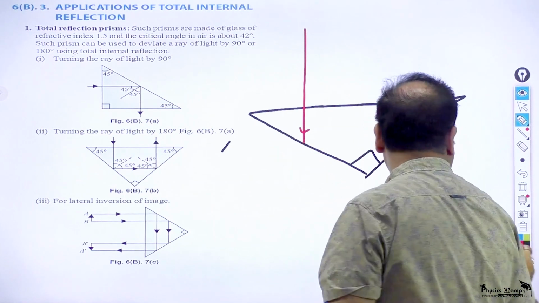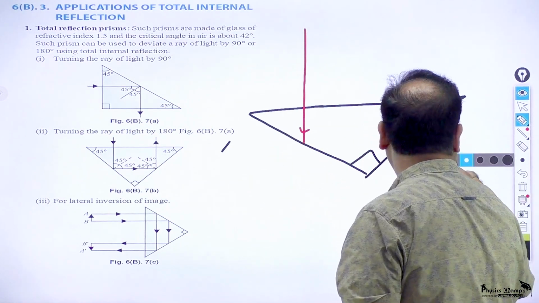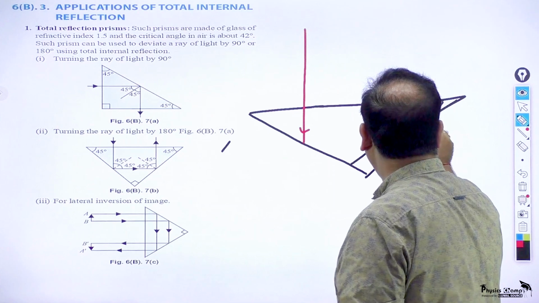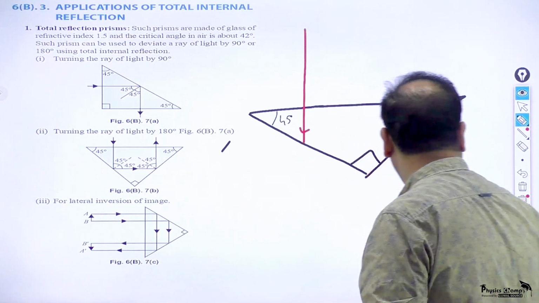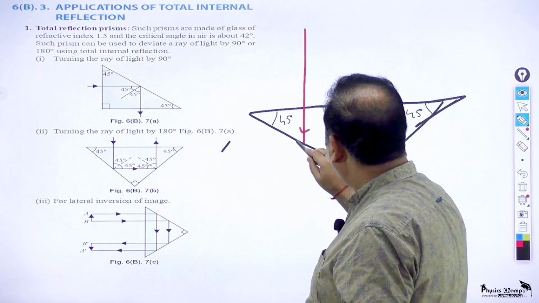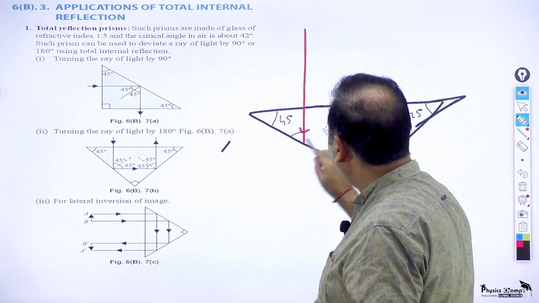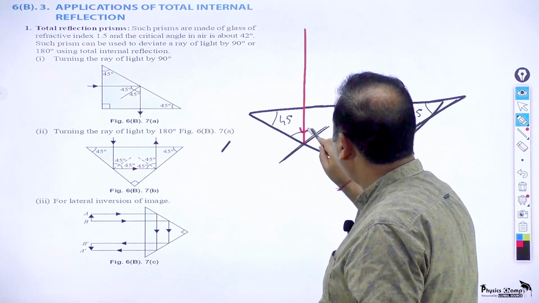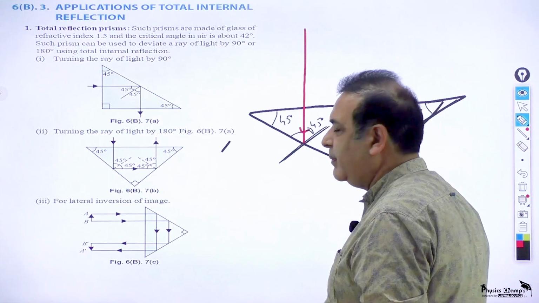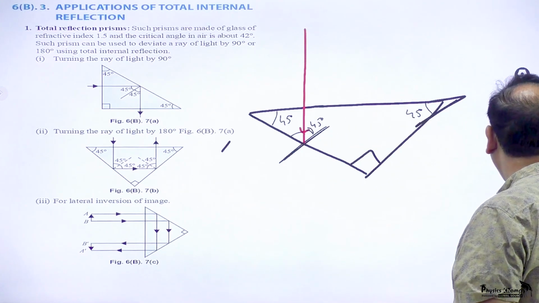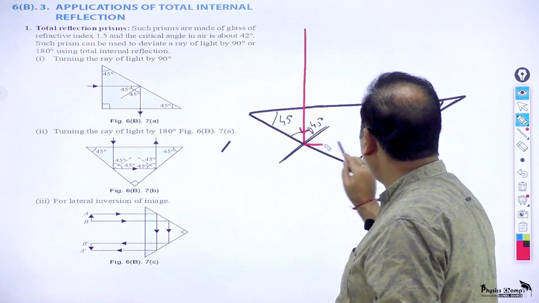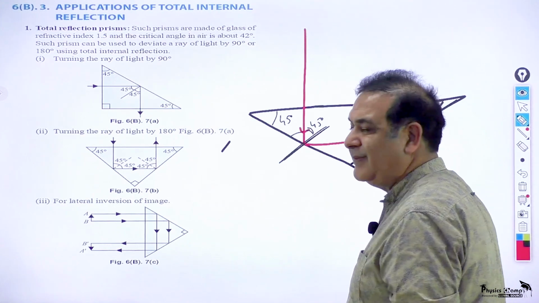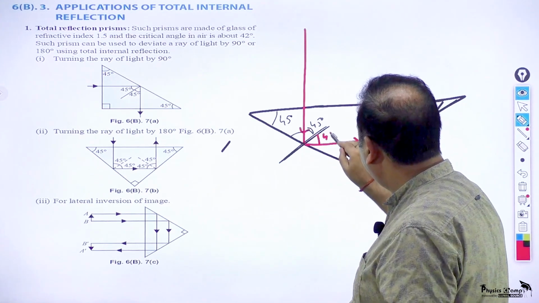Obviously, both the angles, both sides, it is going to make 45 degree and 45 degree. This is 90 degree. And this will be 45 degree and here is normal. So this is again 45 degree. Now this light beam, when it is traveling here, will suffer total internal reflection at 45 degree.